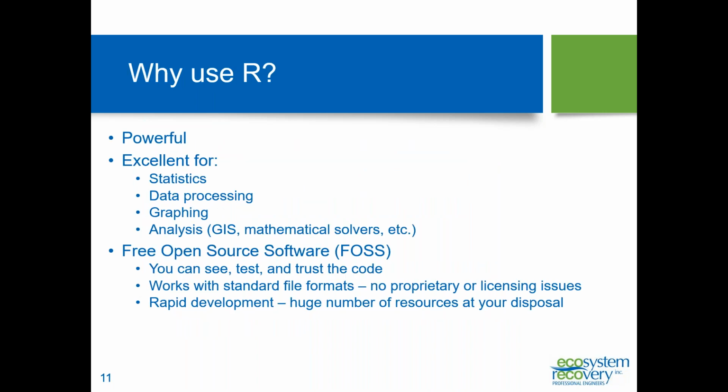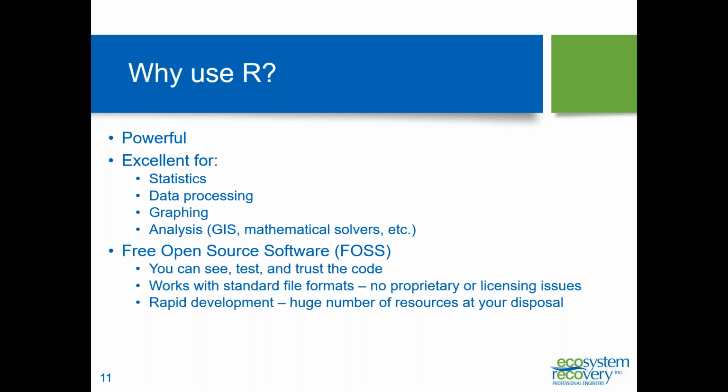So why would anyone want to use R? It's a powerful software. It's excellent for a lot of things, including statistics, which was the first purpose of it, but also data processing, graphing, analysis, including GIS and solving mathematical equations and things like that. It's also part of an acronym known as free and open source software, which means that it's free to use, download, you can view the code, change it, all that kind of stuff.